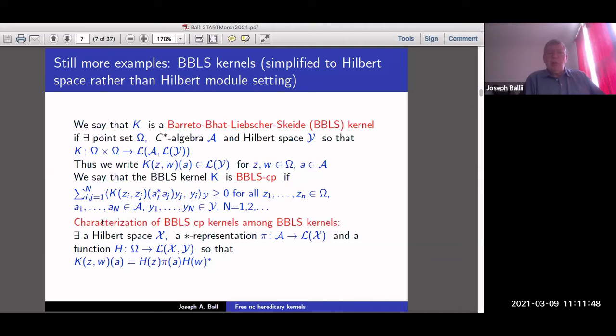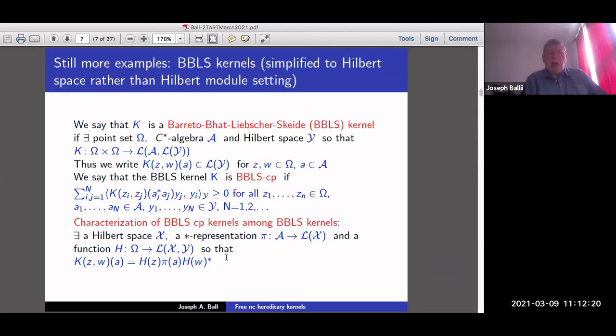Such a kernel is BBLS completely positive if and only if there's another Hilbert space X, a star representation pi of your C-star algebra A into operators on X, and a function H from your point set omega to operators from X to Y, so that K_ZW of A has this factorization with the representation applied to A in the middle.